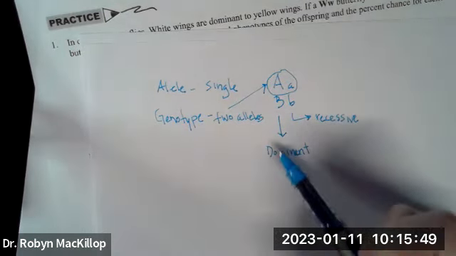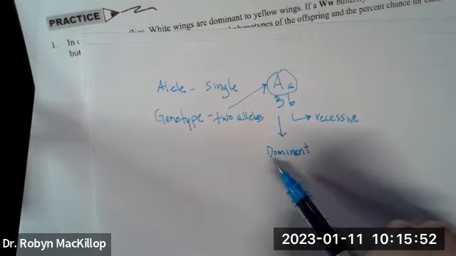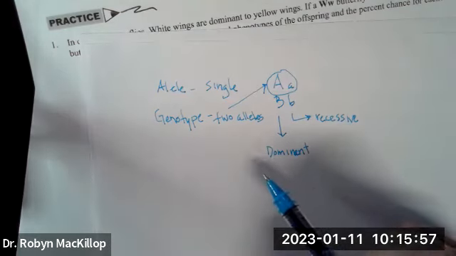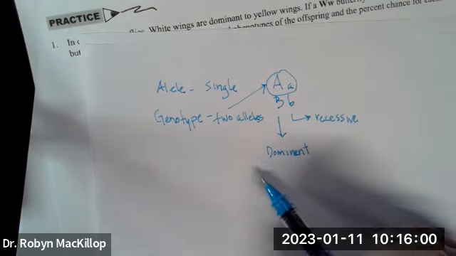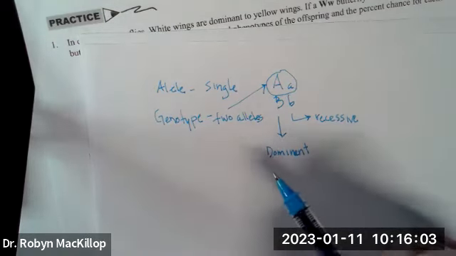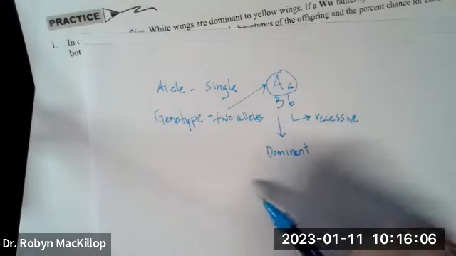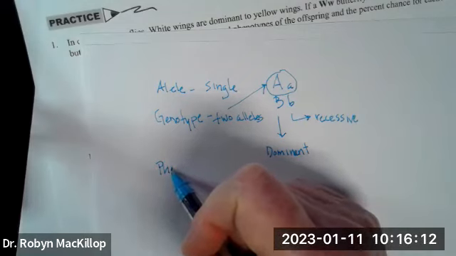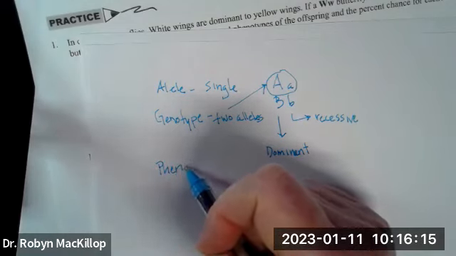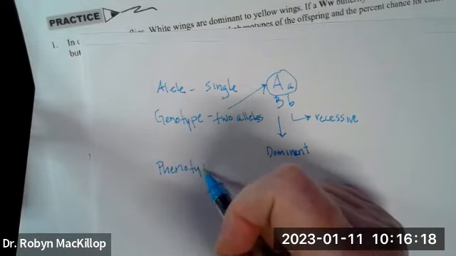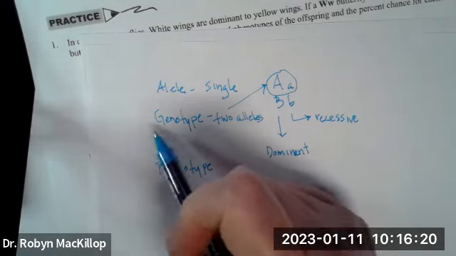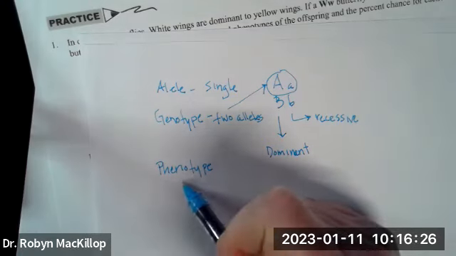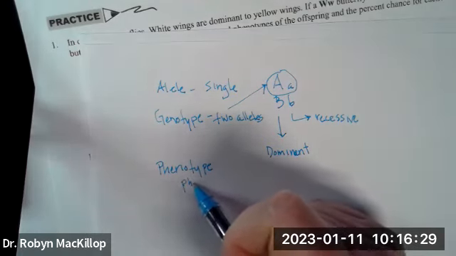Then when we were talking about dominant traits, and I said it's what you can see. So if you looked at somebody who was dominant for freckles, they'd absolutely have freckles. They might have a lot of freckles, they might have a few, but you'd be able to see them because it's a dominant trait. That is the phenotype. What you can see, the physical, is a phenotype. So think physical, pheno. Geno, gene, so the whole gene. Pheno, physical. What you can see.